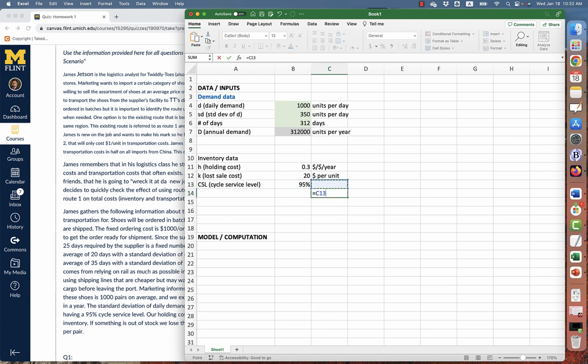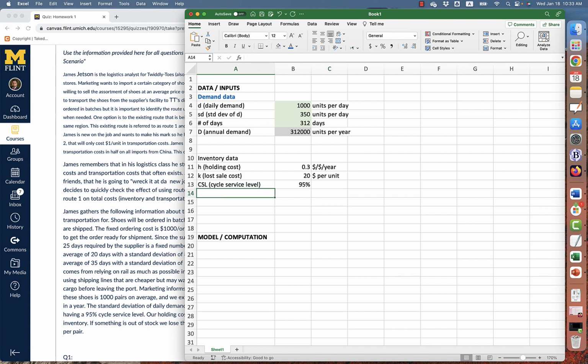So if I multiply this cell by 2, I get 1.9, which is 0.95 times 2. I did not get 190, which is 95 times 2, because the actual value is 0.95. I'm just using this formatting button to display 0.95 as 95%. So the value behind is still 0.95, which is what we want. We want the 95% to be 0.95.